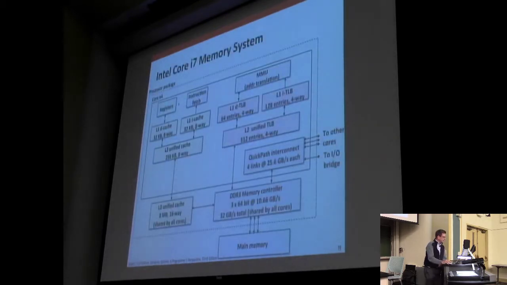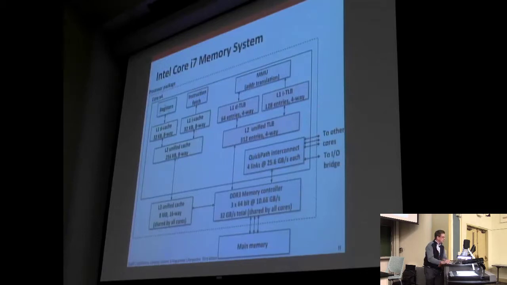Here's what the memory system looks like in the Core i7. The processor package is the chip, and there are 4 cores in this package. Each core has a separate CPU and can execute instructions separately.